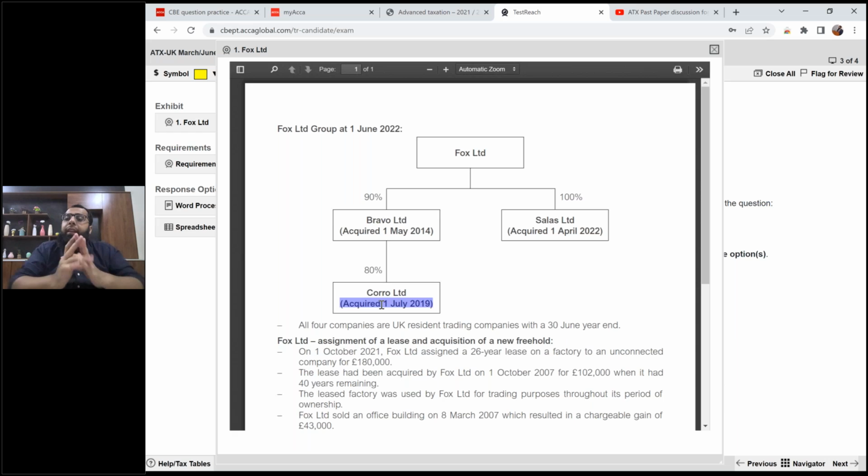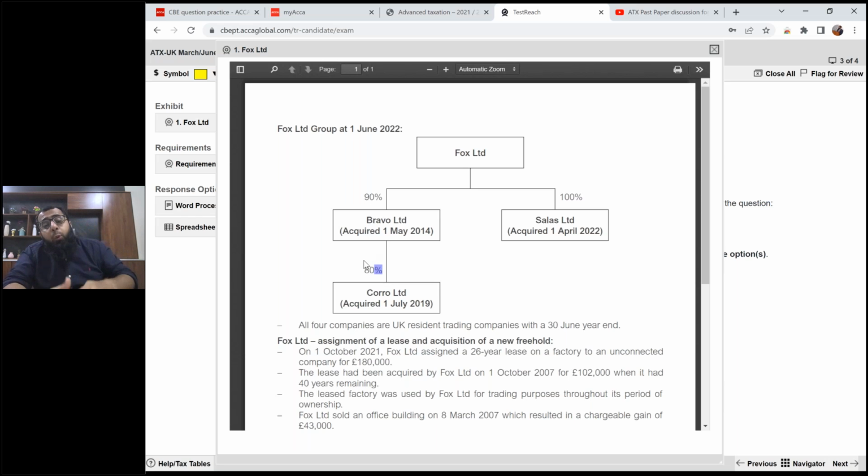So if I look at the group structure, direct holding 90, direct holding 100, direct holding 80. But if I calculate the indirect holding in Coro Limited, 90% into 80%, it's 72%.